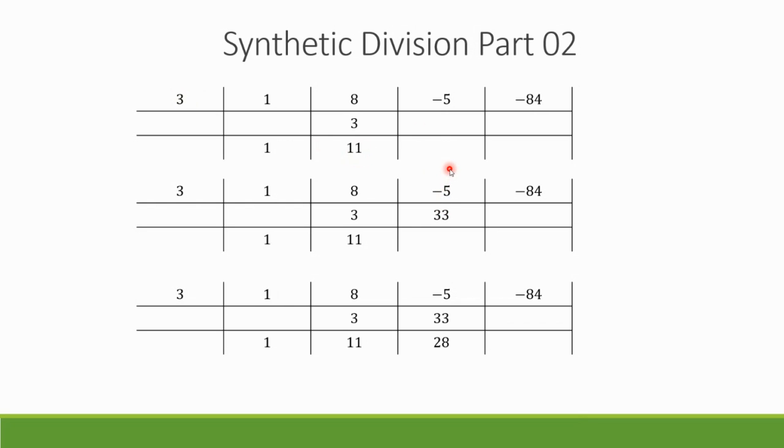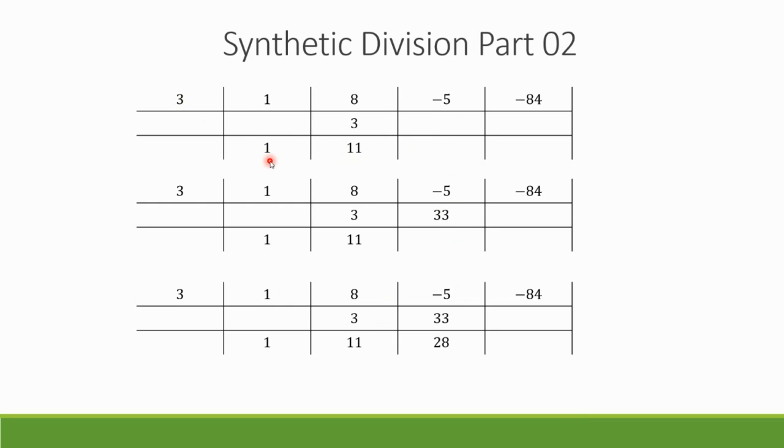If we were in class, on the board I would write down the steps. But here I can't write it by hand, so that's why I'm showing all these steps, so that everyone understands. We have 3 times 11, 33. That goes here. And we add to get 28. It's a process we keep repeating.